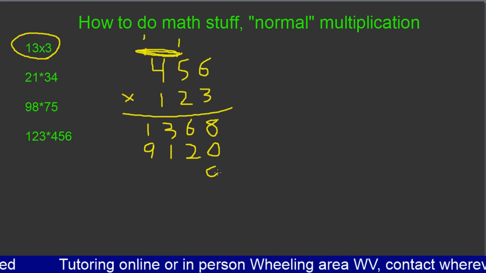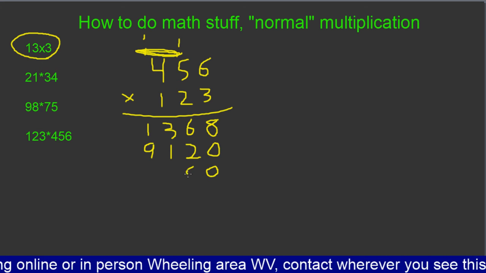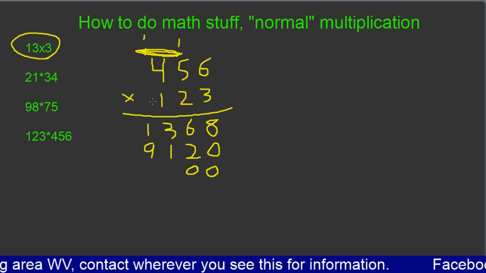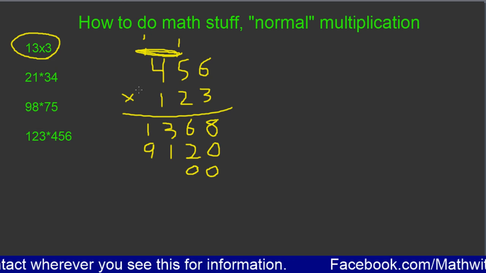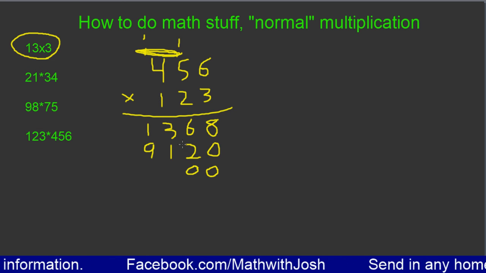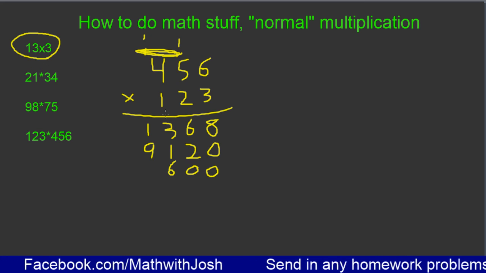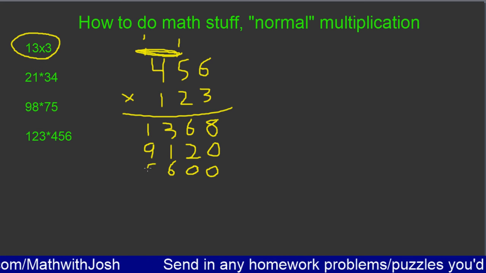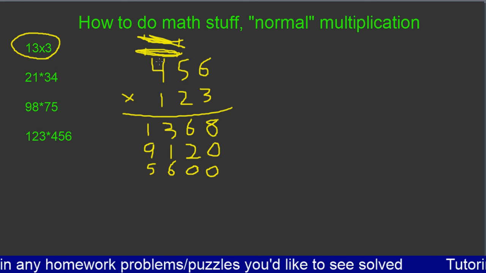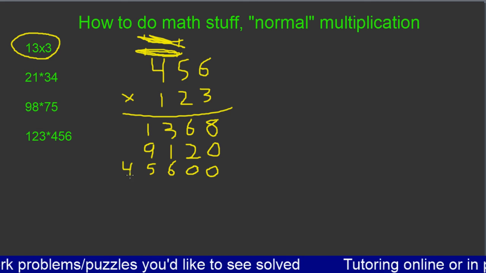Third digit means we put 2 zeros. Now the nice thing is we're multiplying by 1, so we actually can just copy the number, but it also works as 1 times 6 is 6, 1 times 5 is 5. Remember, we can scratch out these previous carries. 1 times 4 is 4.